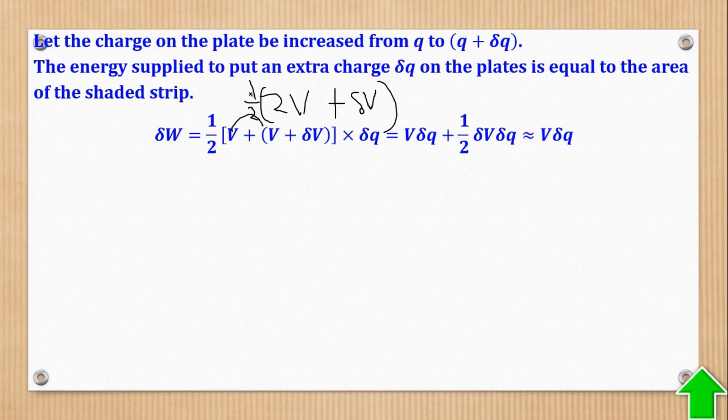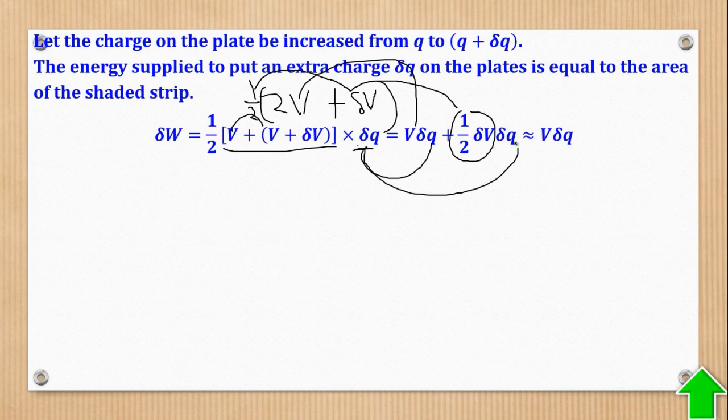So this half times 2V gives you V, which is here. And also outside this bracket, there is another small change in Q. That is why there is V times small change in Q. Then there is also this half times small change in V, which is here. But also outside the bracket there is small change in Q. That's what we put here.